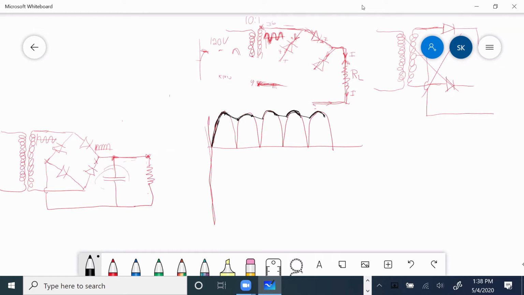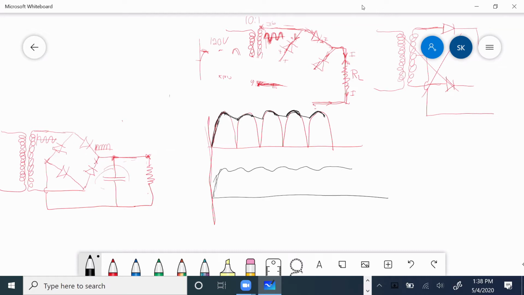So if I look at it on an oscilloscope, it will be like that kind of thing, which is again changing DC, not constant DC, but a ripple DC.